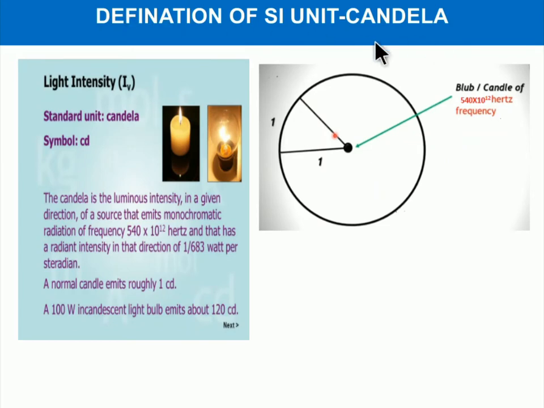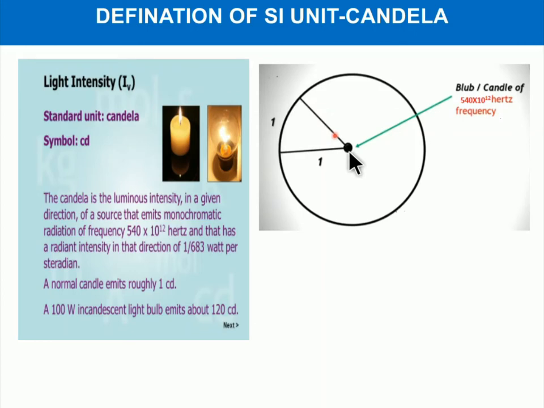Definition of candela. Before discussing the definition of candela, we should first understand the term steradian. Steradian is a unit of solid angle of a sphere. If we take a cross section of a sphere along a diameter, it will be a circle. 1 steradian is the angle having radius 1 unit and arc of 1 unit.